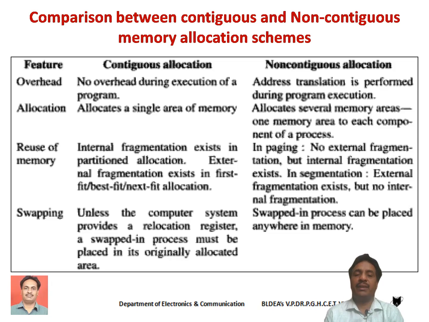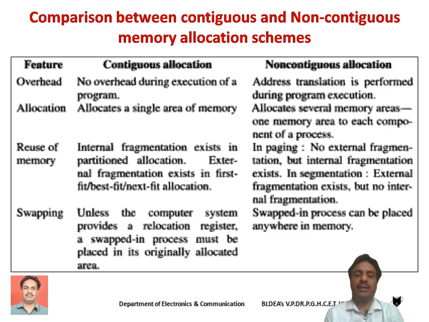The contiguous allocation scheme always allocates a contiguous block of memory space to the program. But in non-contiguous allocation, the program is divided into multiple parts, and these parts can be stored non-contiguously in any portion of the memory.